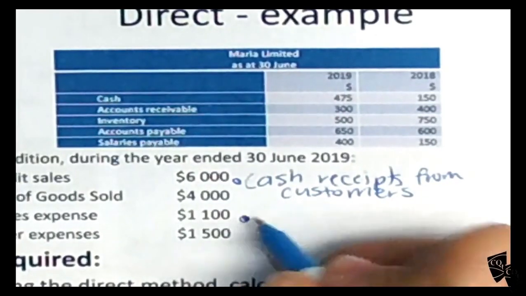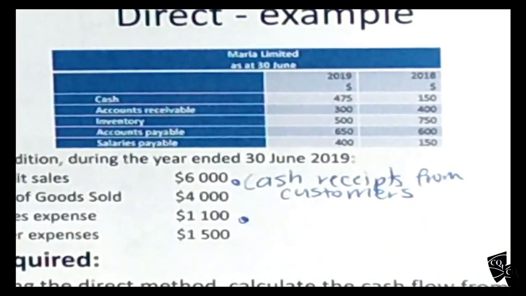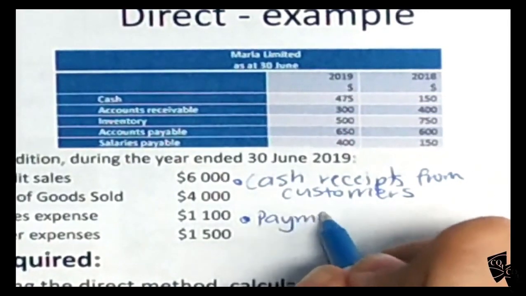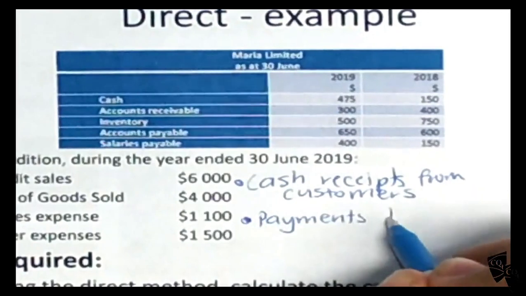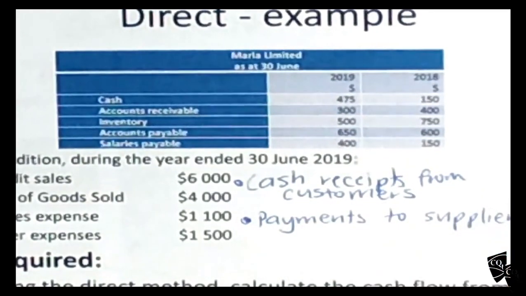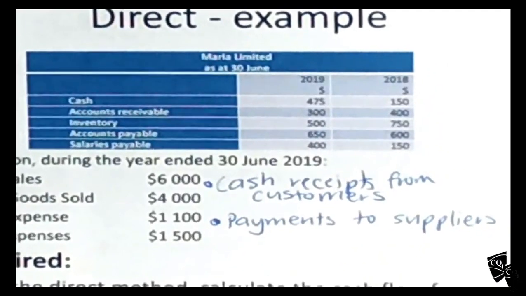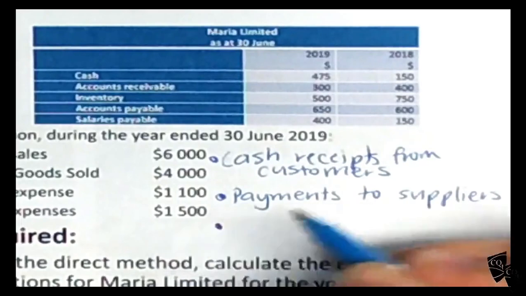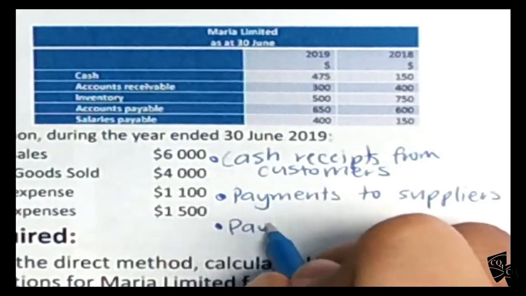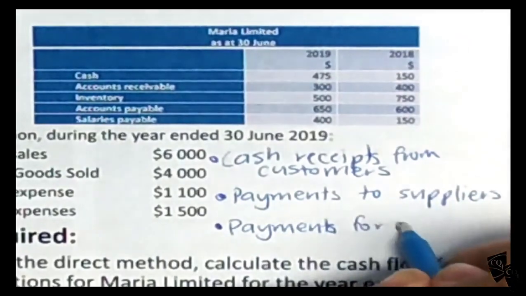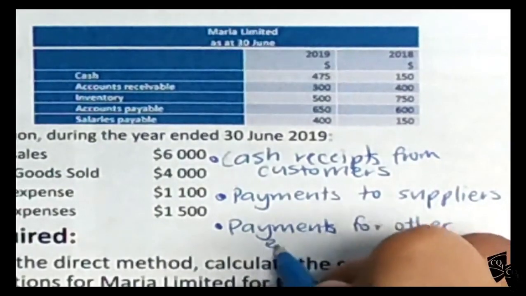Then we're going to calculate, this is our structure, payments to suppliers. And then the third one is our payments for other expenses.